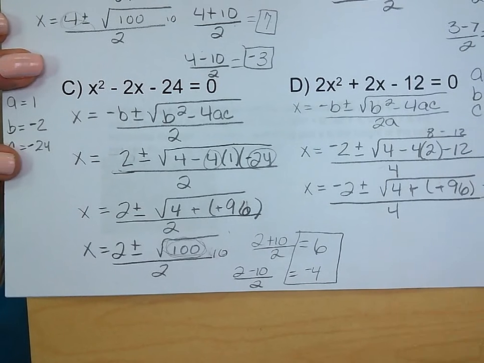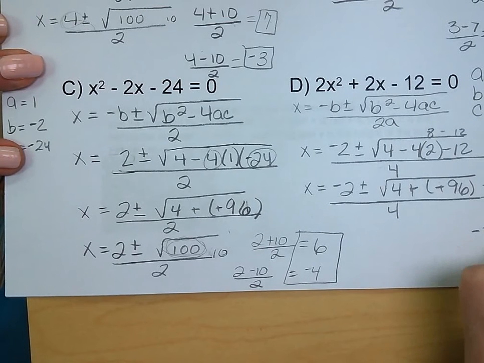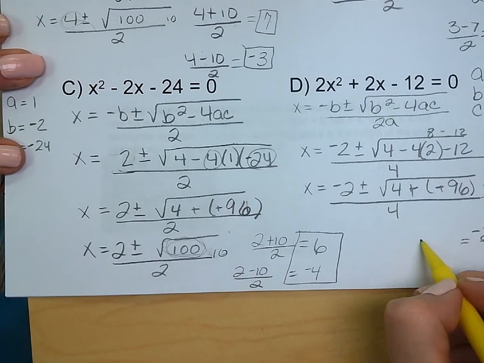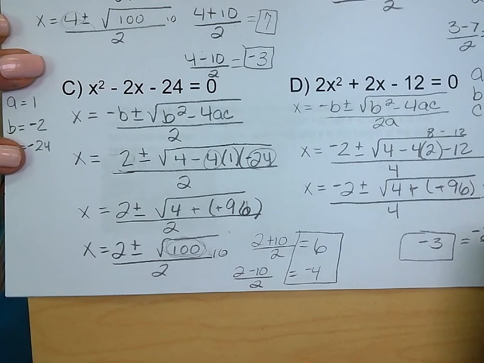So we have negative 2 plus 10 over 4, and negative 2 minus 10 over 4. When we solve those, negative 2 plus 10 is 8, divided by 4 is 2, and negative 2 minus 10 is negative 12, divided by 4 is negative 3. So our two solutions are 2 and negative 3.